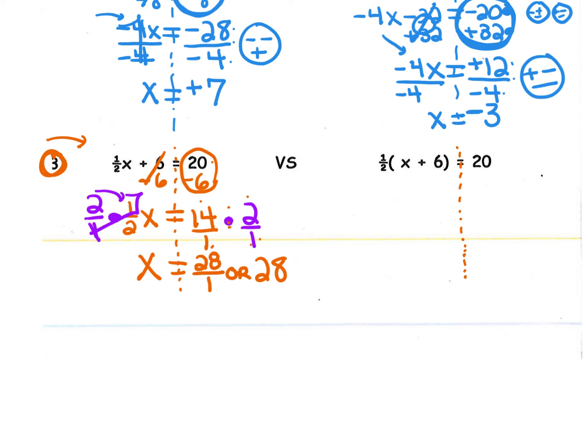Let's look at our last problem. Each and every time we've had a set of parentheses, we've applied the distributive property. But here, in order to eliminate the fraction, we're going to use the reciprocal trick. In order to eliminate 1/2, we're going to multiply by 2 over 1, the reciprocal. But what we do to one side, we have to do to the other.